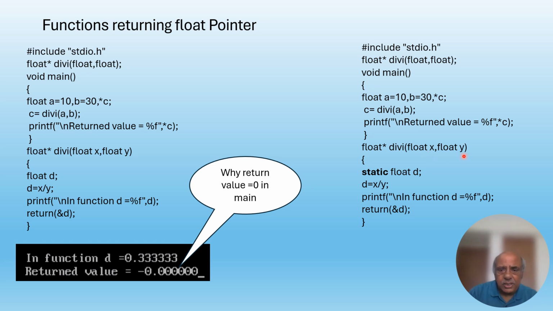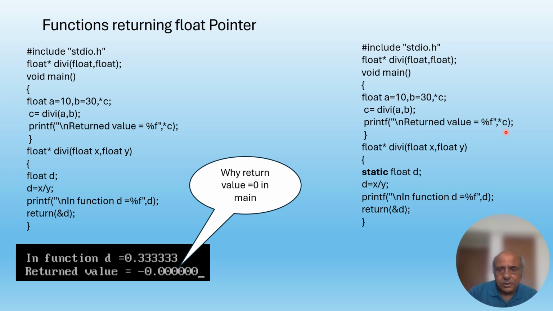X will die, y will die, but d, after it has been assigned x by y, will not die. It will remain alive, and when the function returns the pointer to d, which we collect in a pointer c, the return value is available to our program through star c.